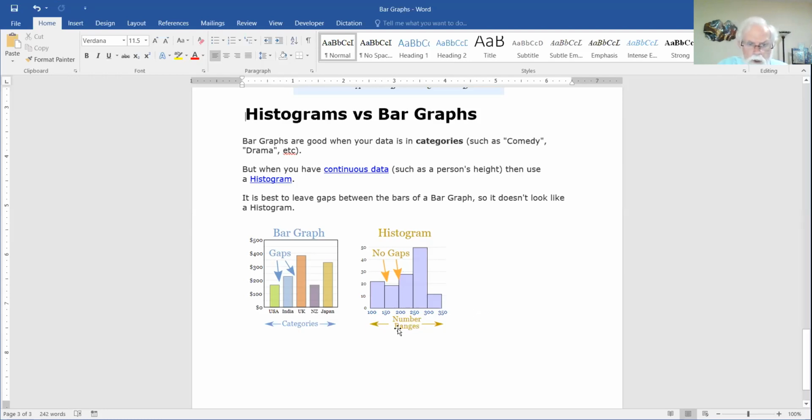So what we do is give ranges for these things, and then we make the bars right next to each other. We put no gaps. This is called a histogram. So the difference between a bar graph and a histogram is that bar graphs are generally discrete data. There's no continuum between US, India, UK, New Zealand, and Japan.